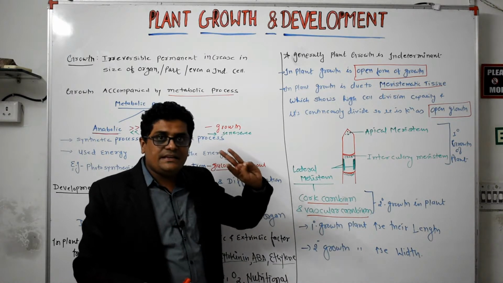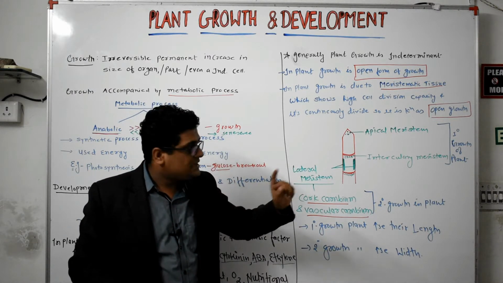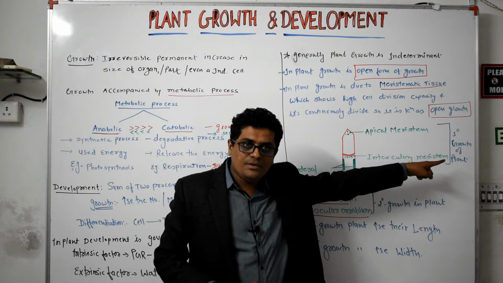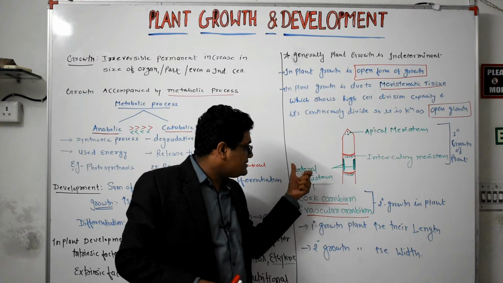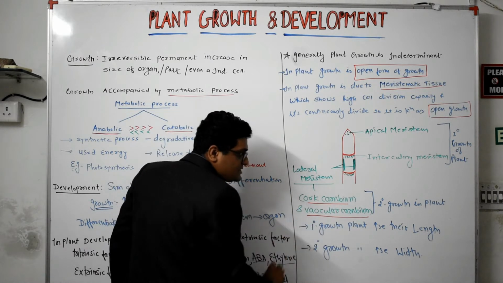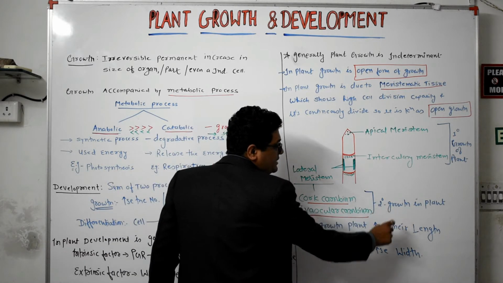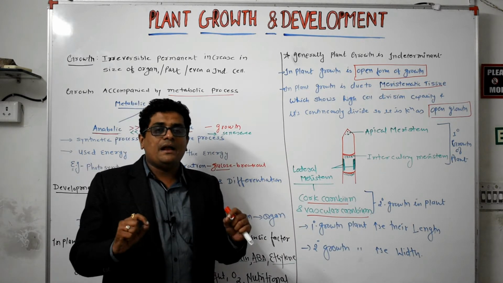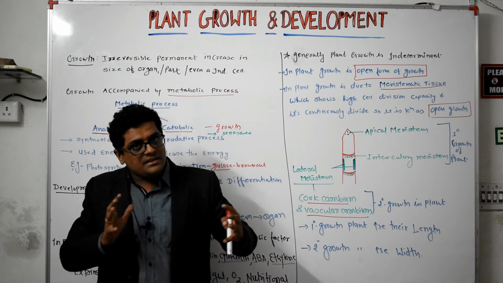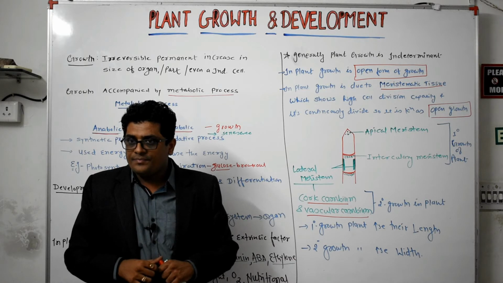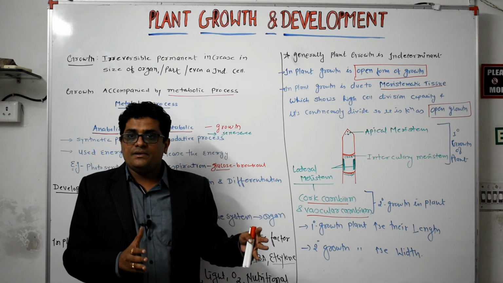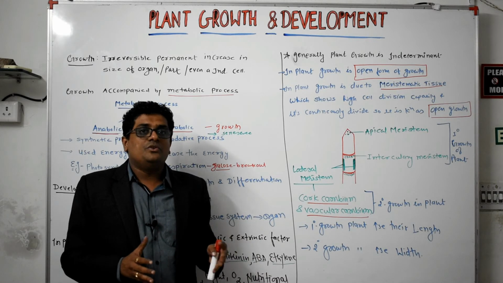In plants there are mainly three types of meristematic cells: apical meristems and intercalary meristems are responsible for the primary growth of the plant, and the lateral meristems, like cork cambium and vascular cambium, are responsible for secondary growth. In plants, primary growth increases the length of the plant, and secondary growth increases the girth or width of the plant. In the next lecture, we will discuss the measurement of growth and the growth rate.